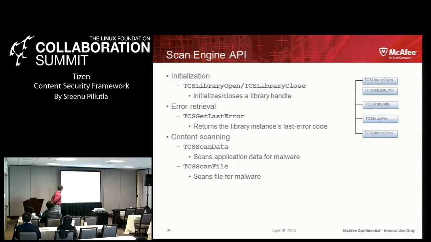You can always get the last error for that specific library instance. A couple of functions, TCS being Tizen Content Security, and scan data is self-explanatory. Scan data scans application data, and scan file scans the file.